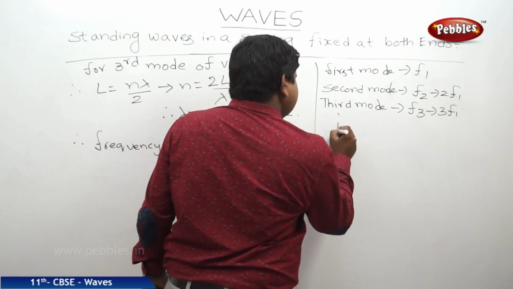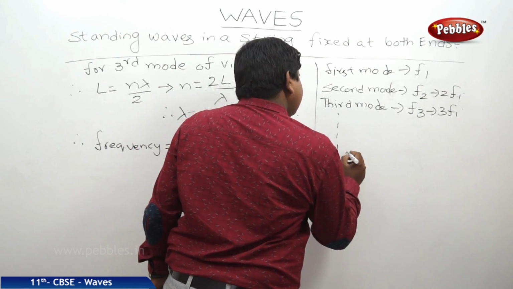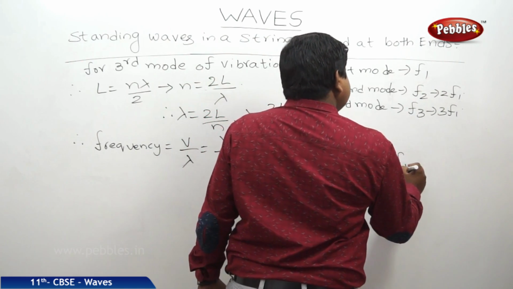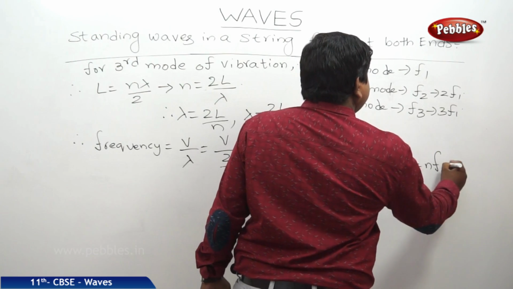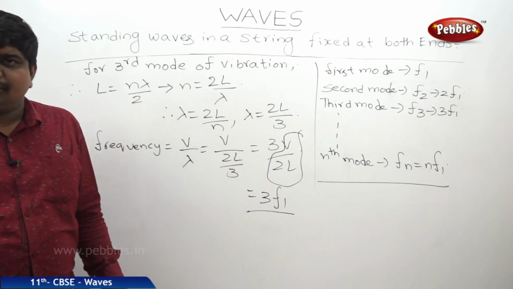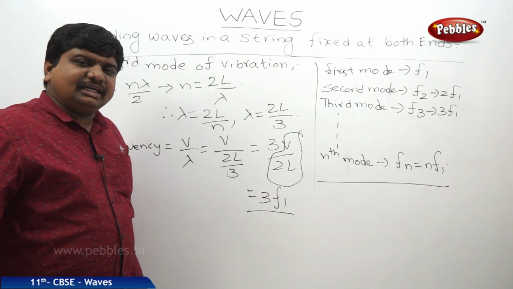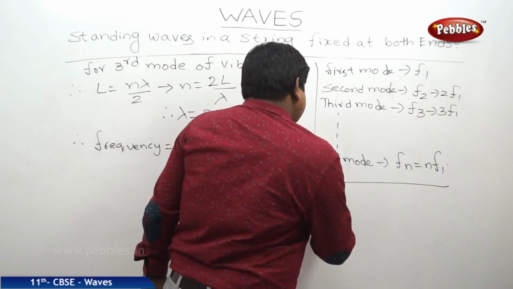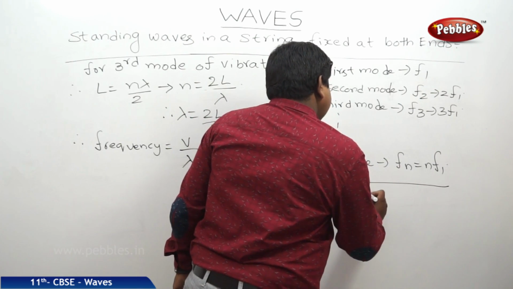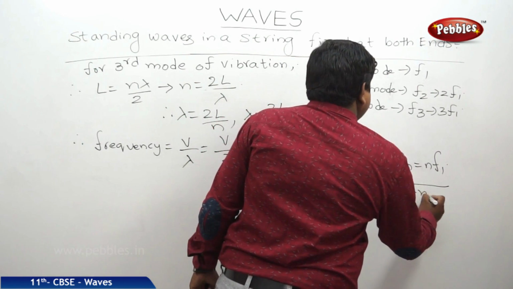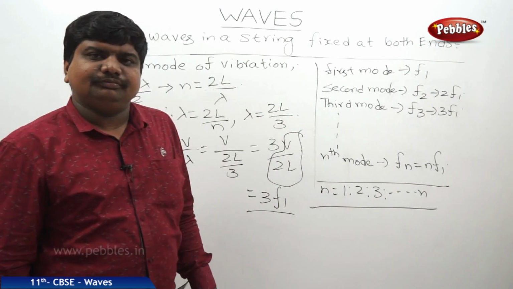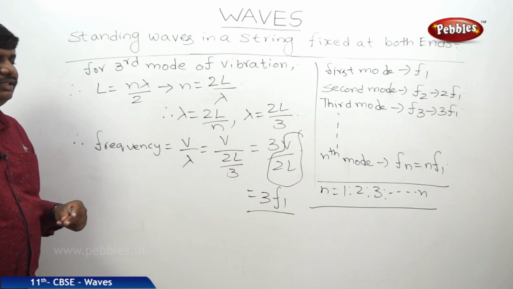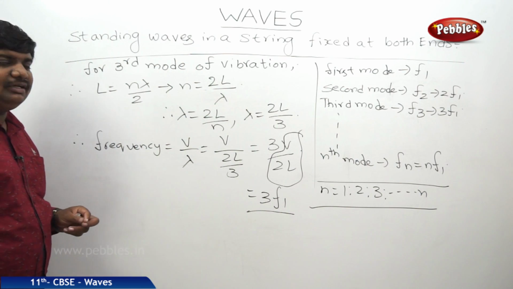Such like that, for the nth mode, the frequency is Fn, it is nF1. So when strings are closed at two ends, their frequencies increase in the ratio 1:2:3:n. So this is the possibility in the frequency of the fundamental modes or modes of vibration when the string is fixed at both ends.